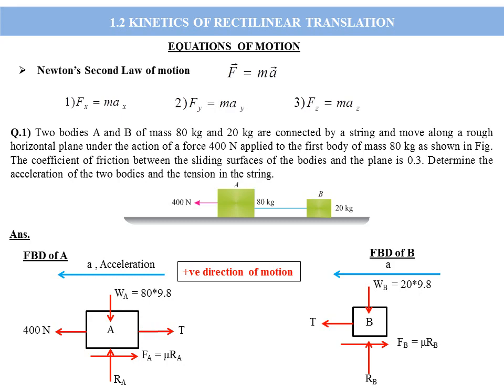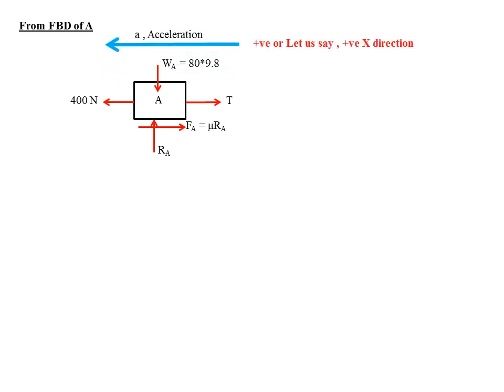Now I am redrawing the free body diagram of A. A means the left side body. WA 400 Newton, T, RA and mu RA, and the acceleration direction A. Now from the FBD of A, I am taking the positive direction of motion as the positive x direction.